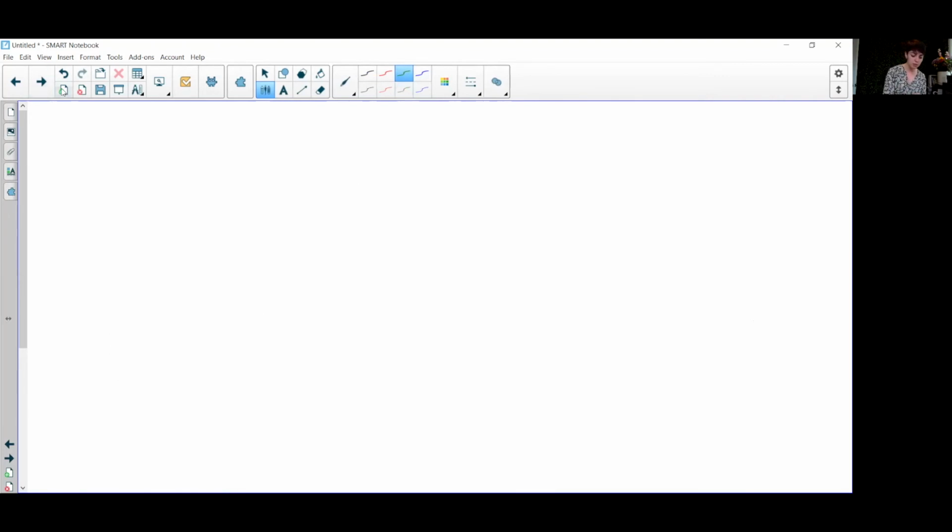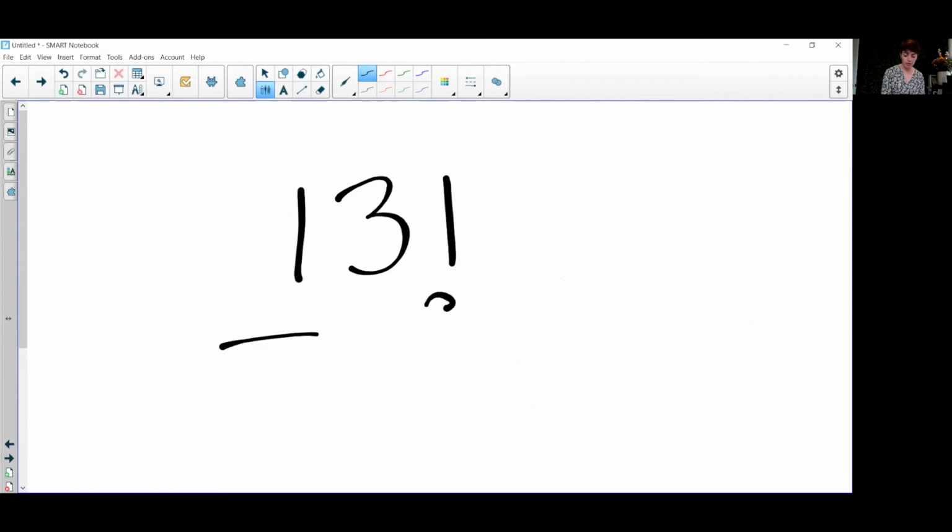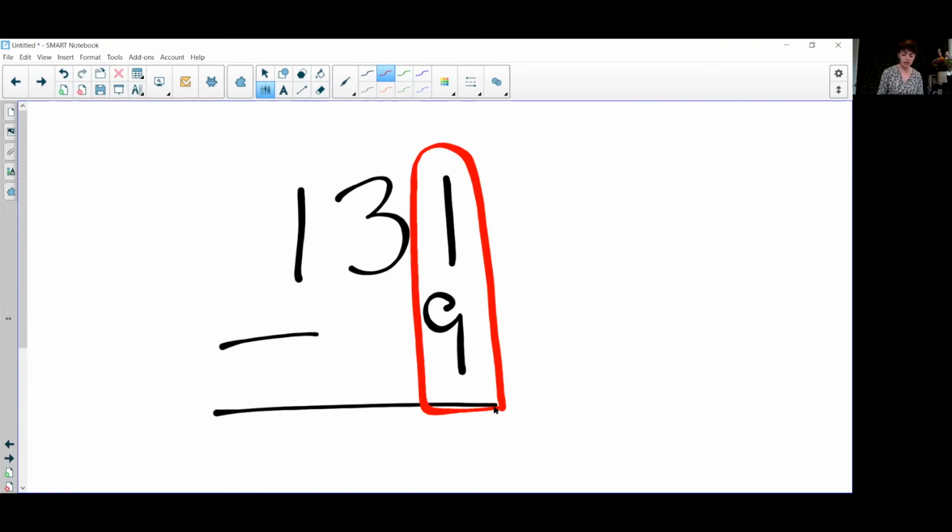So let's go try a subtraction problem for a moment and remind ourselves of things that we can do. If I gave you a simple subtraction problem that looked like this, you would immediately notice that there are not enough numbers in the ones place. You can't take 9 away from 1. It doesn't work.